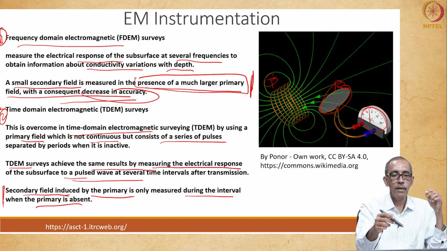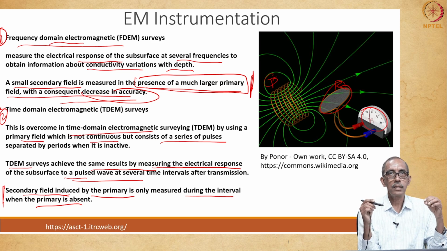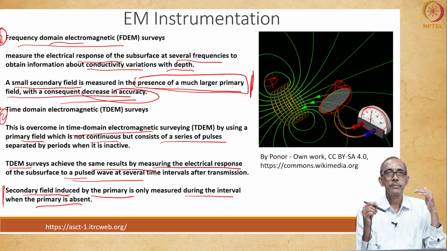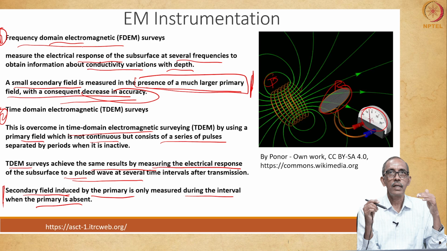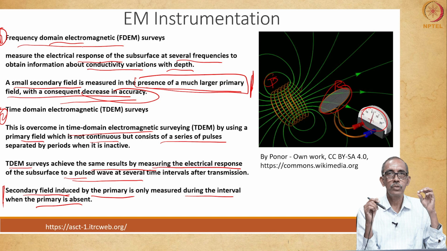In the first method, in frequency domain, the current is applied at different frequencies. Simultaneously, the receiver coil receives the electrical conductivity response, or the current that is produced. In the second method, the subsurface is energized or excited by application of current into the transmitter coil, and the transmission is switched off.